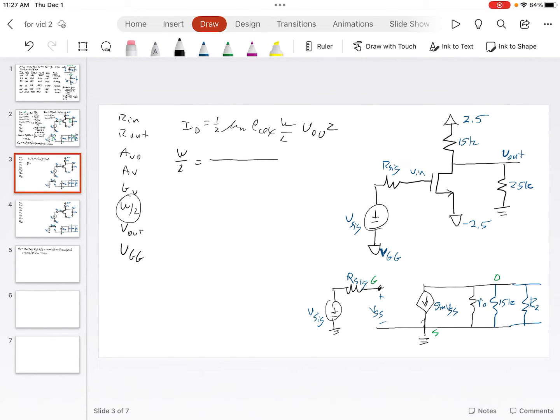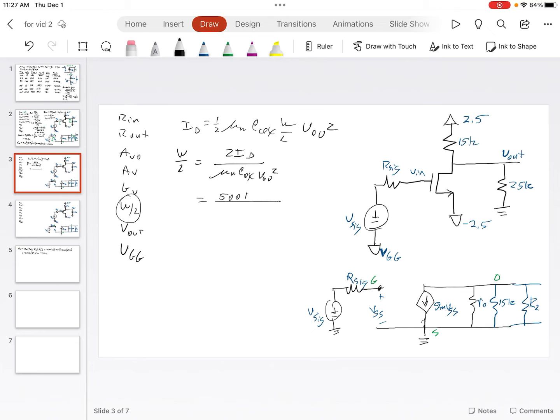So solving for W over L, it's 2 times the current divided by mu n Cox V overdrive squared. Put our values in.